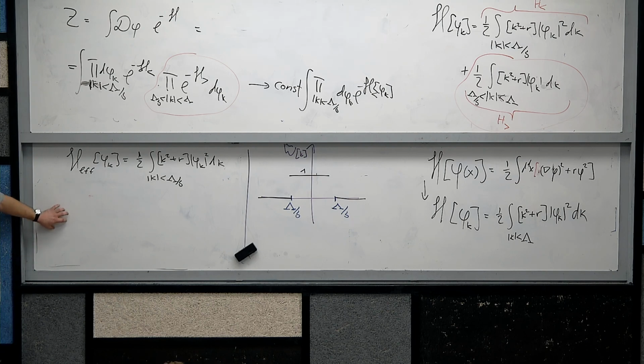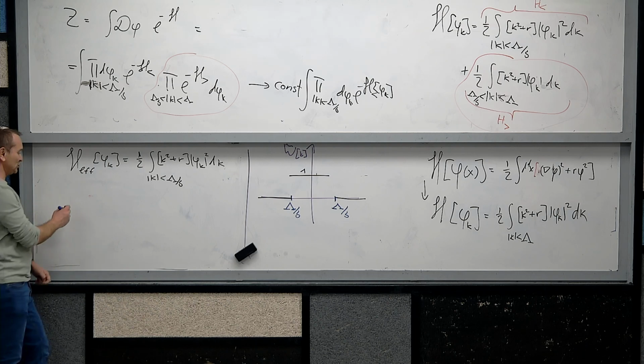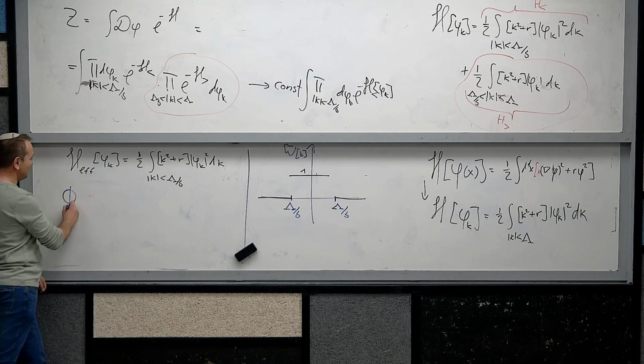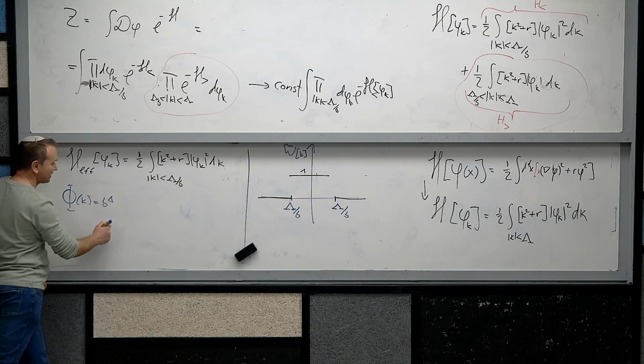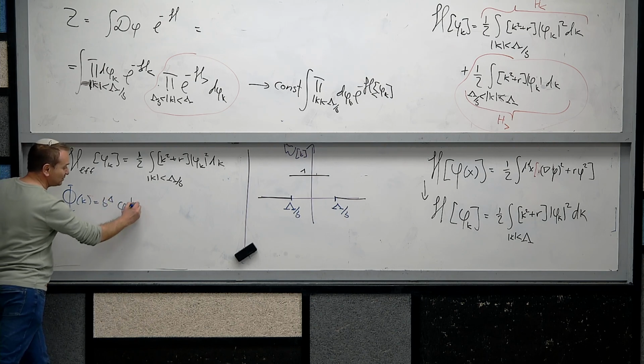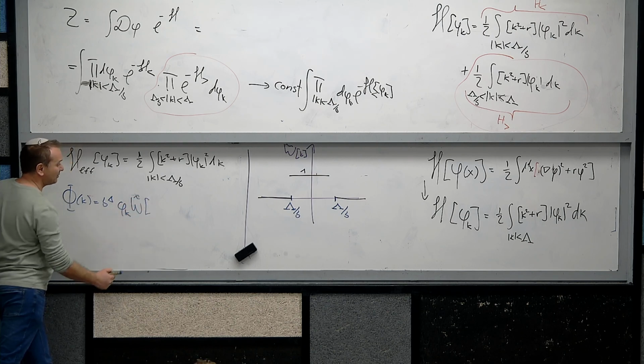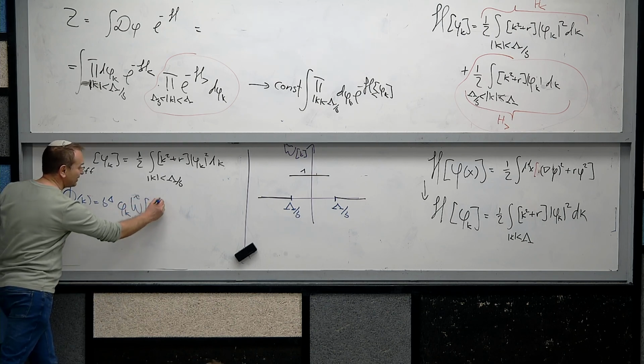I erased it where it was over here, but I had a connection. The connection was large phi of k is b to the delta multiplied by phi of k multiplied by this filter w of k.